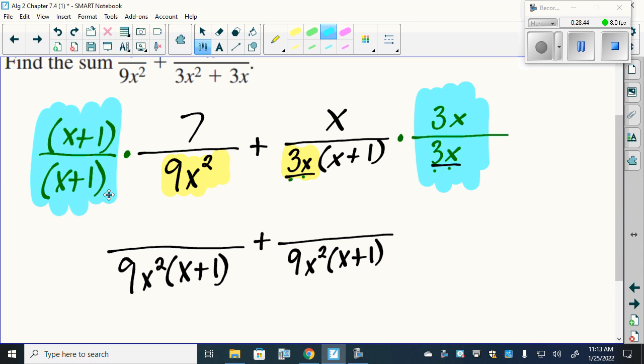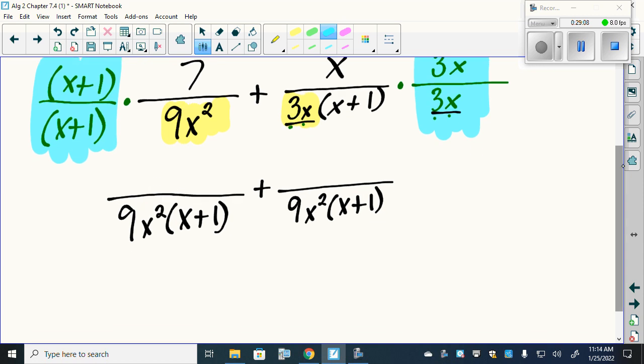Because anything divided by itself is 1. And we know that if we multiply something by 1, does it actually change it? No. So really, are we changing either one of these rational expressions? No, we're changing how it looks, but we're not changing its value. It still has the same value, we're just changing how it looks.